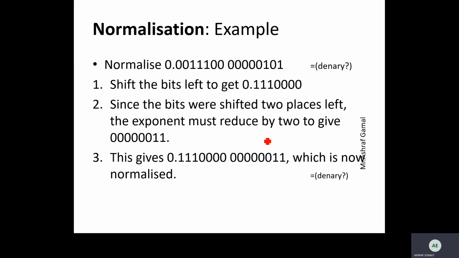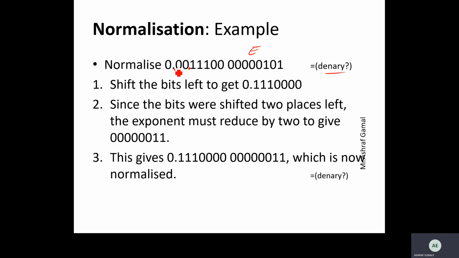Now, a normalization example. As you can see in front of you, the value is 0, 0, 0, 1, 1, 1, 0, 0, and the exponent is 0, 0, 0, 0, 0, 1, 0, 1. What's the value in binary? Simply, what we're going to do here is shift the bits left to get the value to the normalized form.